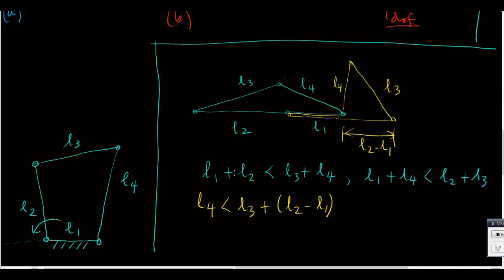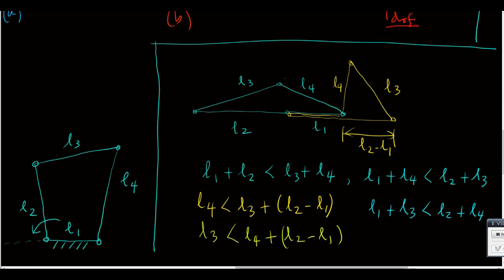Okay, similarly this triangle has to be possible, so L3 has to be less than L4 plus L2 minus L1, which in blue works out to be L1 plus L3 is less than L2 plus L4.